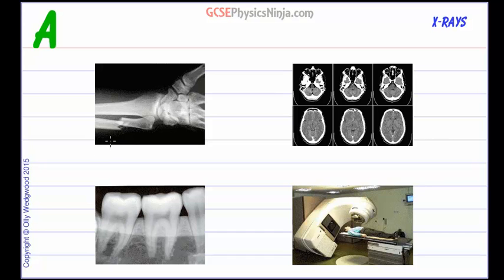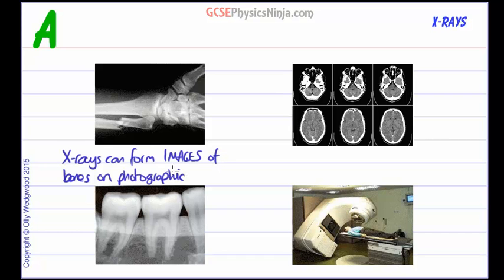be diagnosed using X-rays. So, X-rays can form images of bones on photographic film.